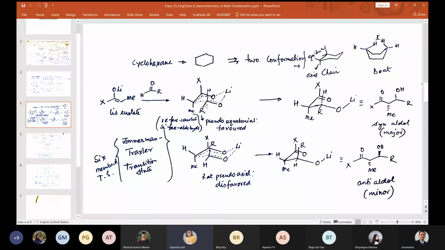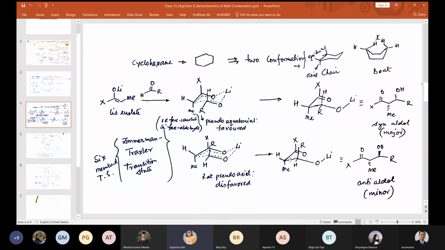Now, if we do the same thing with the re face, because of the conformation, the steric interactions between X and R come into the picture. The product is formed in the same way, but during its formation we want those four atoms to be taken in a plane.